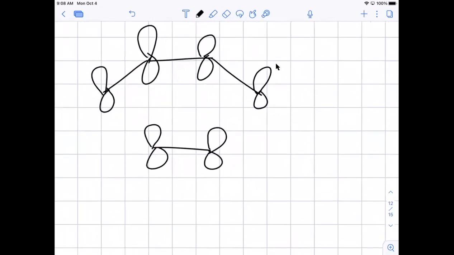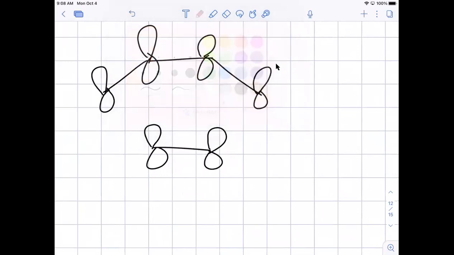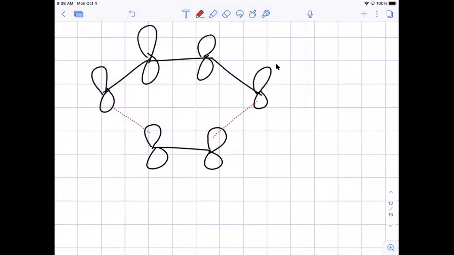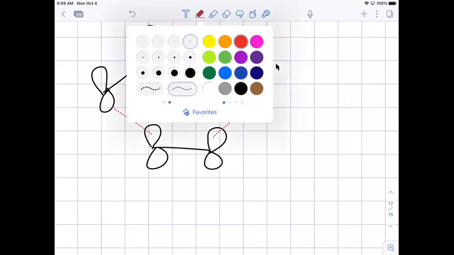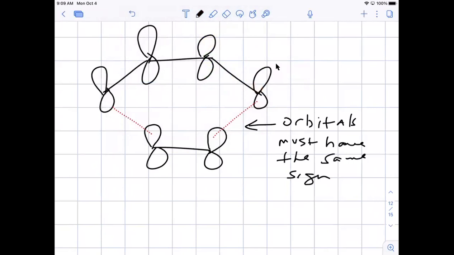Now, in order for this to overlap, and in order for the orbitals to interact, these orbitals here must have the same sign, right? So you gotta have the same sign.